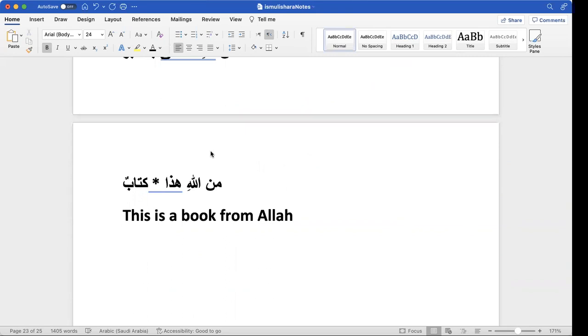Now I gave you one more example of mubtada. I said harf nasab and mansoob is also a mubtada. If I write like this: Inna Allaha ma'as sabirin. Simple example.